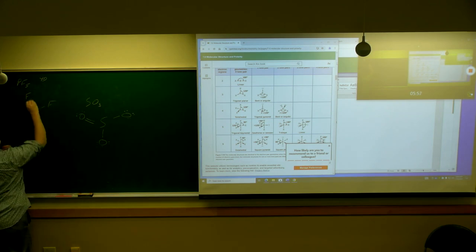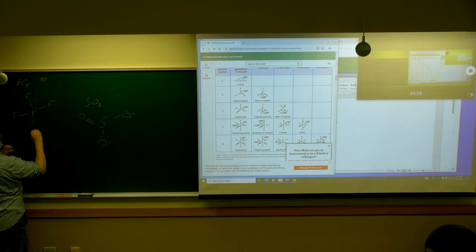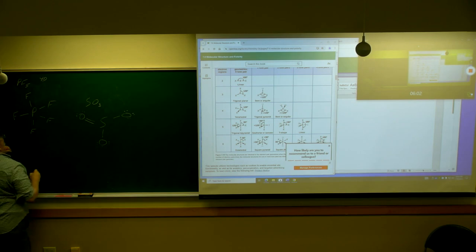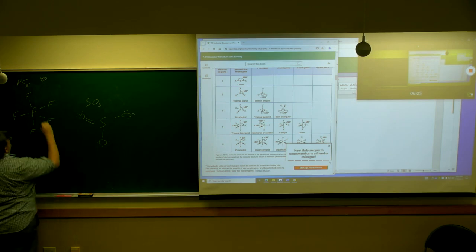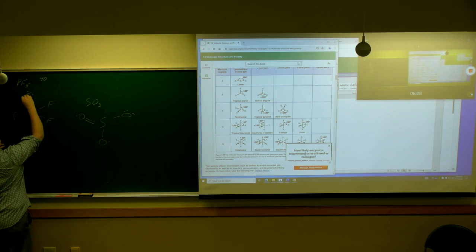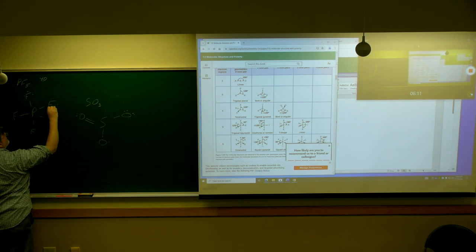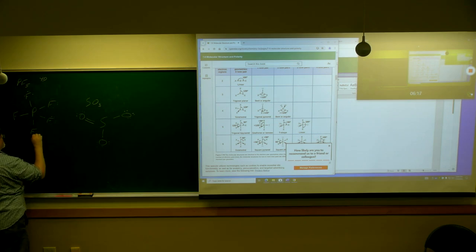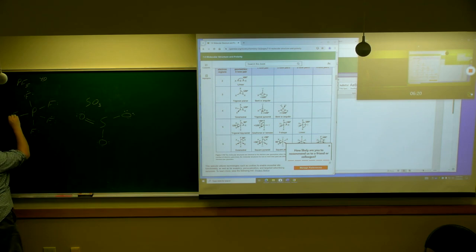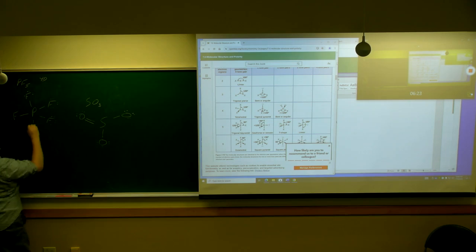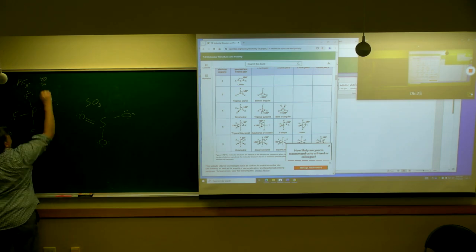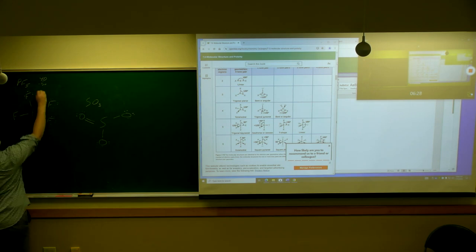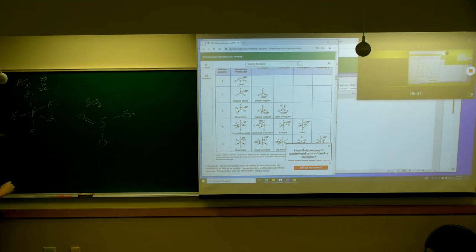I'm going to put 5. 40 electrons, okay. 2, 4, 6, 8, 10, 12, 14, 16, 18, 20, 22, 24, 26, 28, 30. It's minus 30, but I didn't count these yet. 2, 4, 6, 8, 10, minus 10. Okay, that's all. That's the structure for PF5. You've got 3 pairs of electrons, 1 line here going to the P.